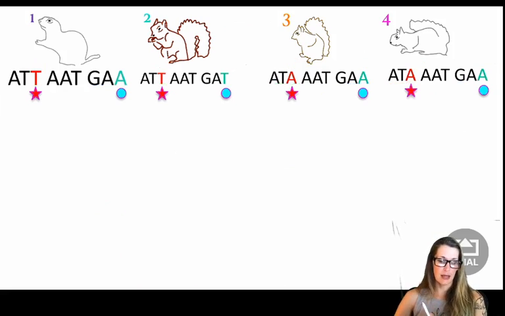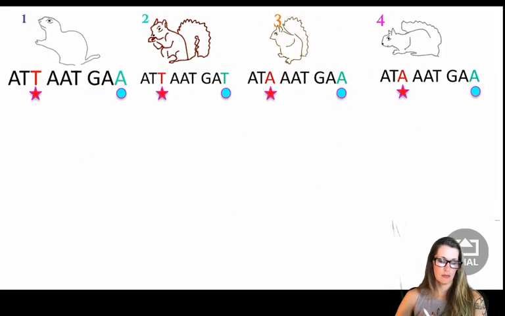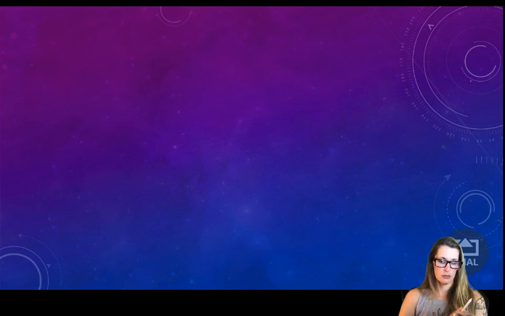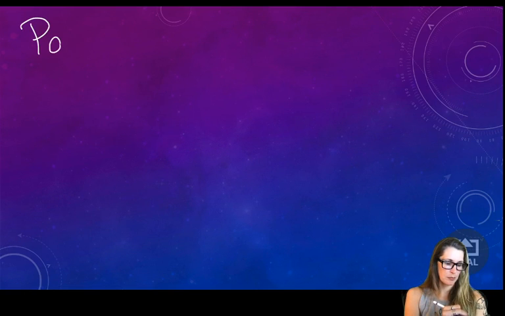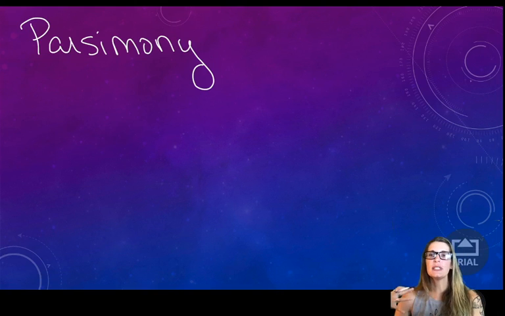And this process of producing trees this way is called parsimony. And the parsimony is, what are the fewest number of changes that could lead from the ancestral state to what we currently see.